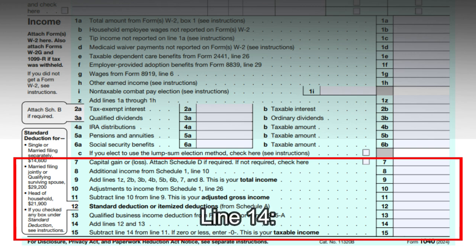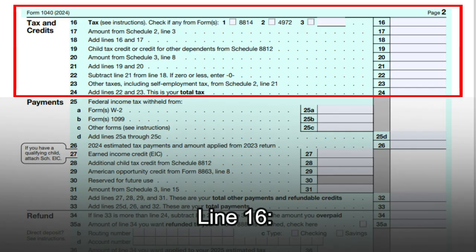This line adds the standard/itemized deductions and any business income deductions. Taxable income. Line 15. Subtract line 14 from line 11 to arrive at your taxable income. It's crucial to carefully check each form and line, especially if you're including various sources of income like retirement distributions, interest, or capital gains.